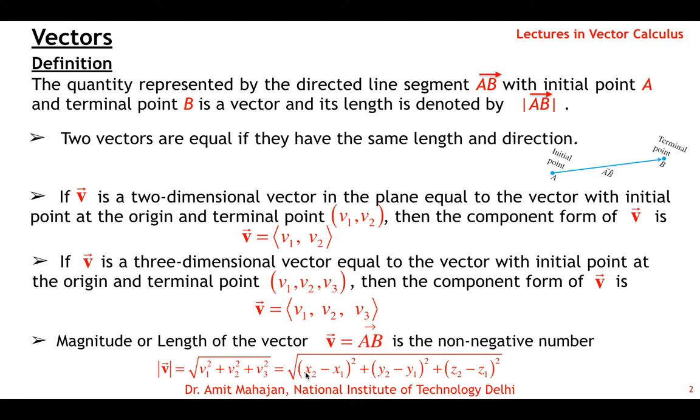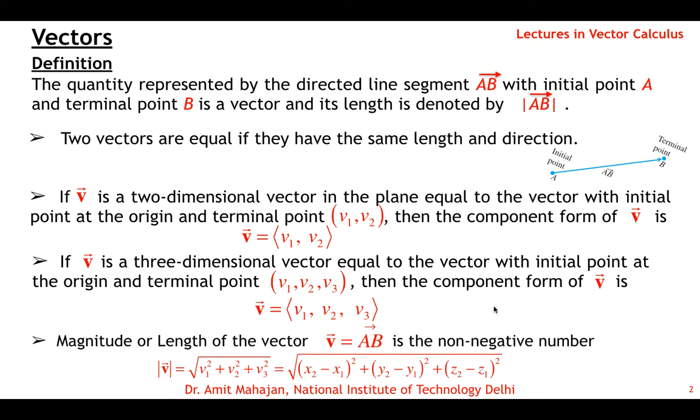Equivalently it can be written as square root of (x2 minus x1) squared plus (y2 minus y1) squared plus (z2 minus z1) squared, where x1, y1, z1 is the position vector of A, and x2, y2, z2 is the position vector of B. Clearly vector v is the standard position vector parallel to the vector AB.